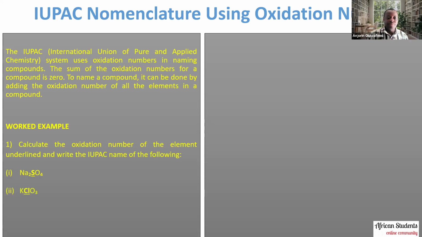The second question, the underlined is chlorine in potassium chlorate. Then CuNO3. Let's go into it and provide solutions now.